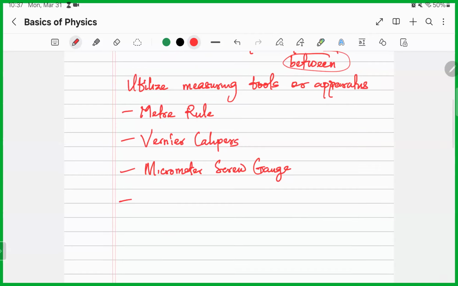Later on in the future, when we are dealing with measurement properly, we can discuss these things in detail, but this is just basic knowledge. So these are some basic measuring apparatus.